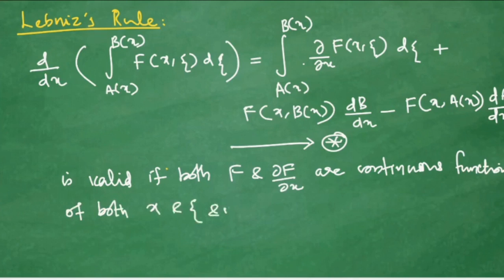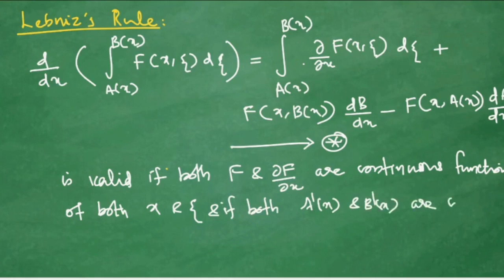And one more thing, if both a dash of x, that is dA by dx, and b dash of x are also continuous. So this is about the Leibniz rule.